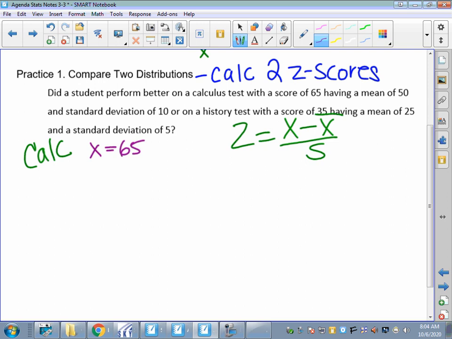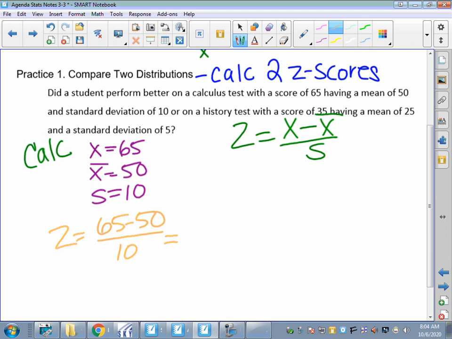It says the mean is 50 and the standard deviation is 10. So all the information is there. Now we're just going to do a little plug and chug, put this into our formula. So z is equal to 65 minus 50 all over 10. So that's telling me that on that calc test, they were 1.5 standard deviations above the mean.